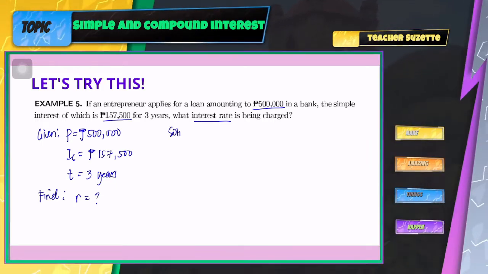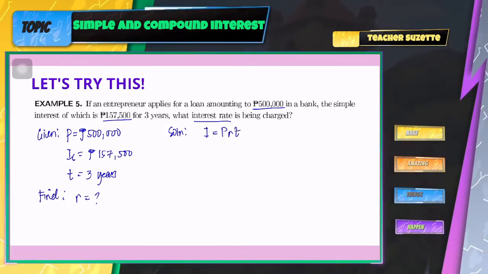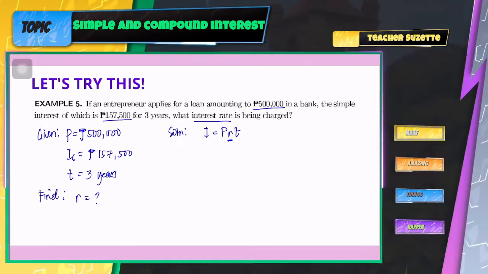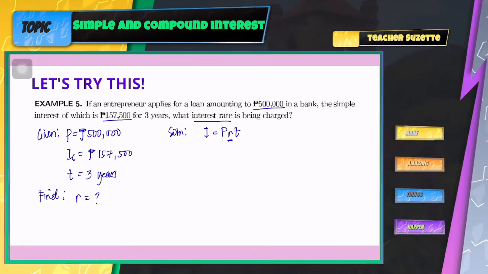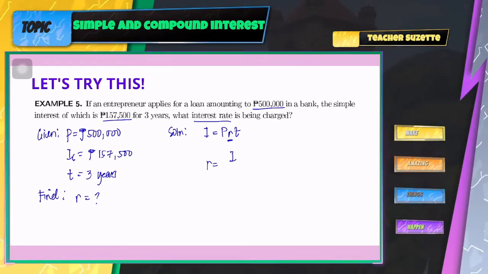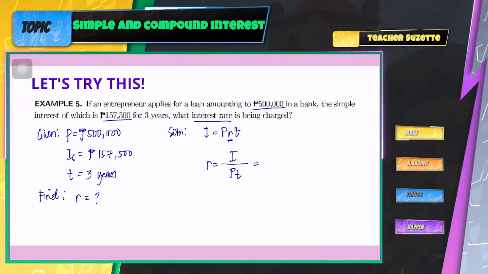So, solution. So, using our interest is equal to principal rate times time, we're going to solve for our rate. So, isolate natin yung rate for us to derive a new formula, which is rate is equal to interest over principal times time. So, substitute lang po natin.